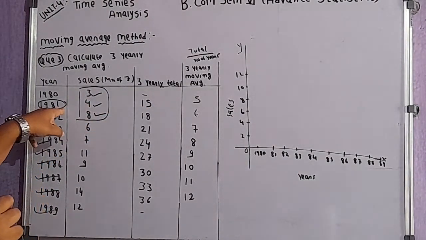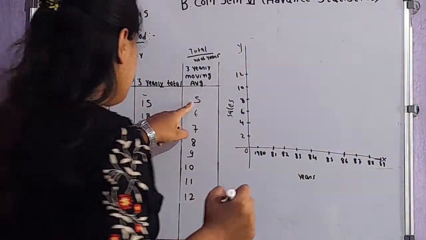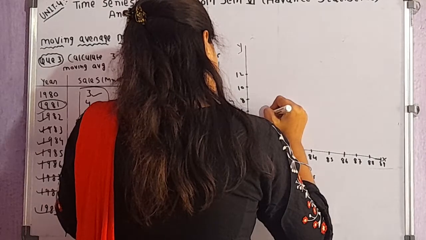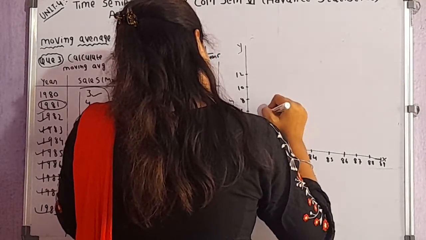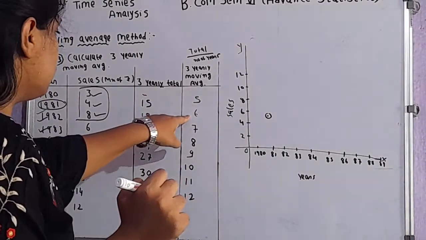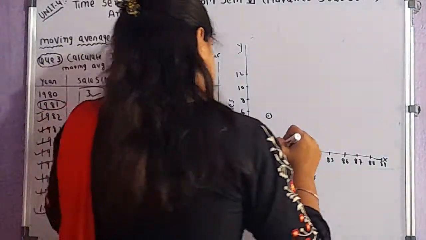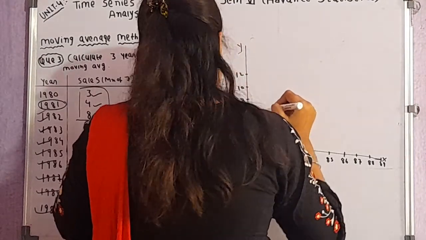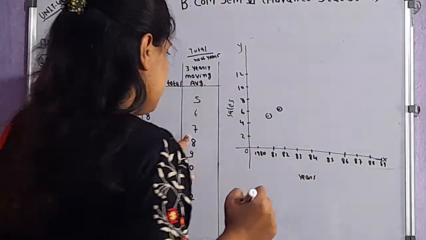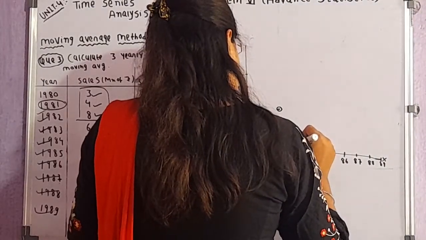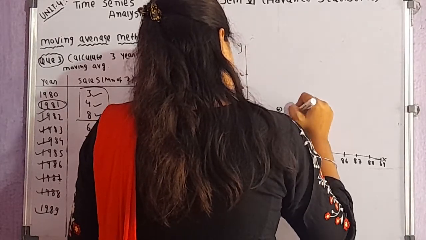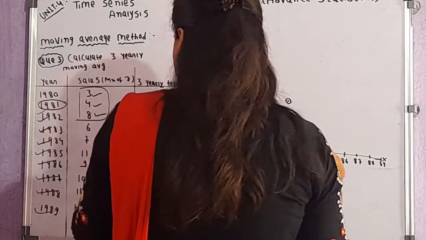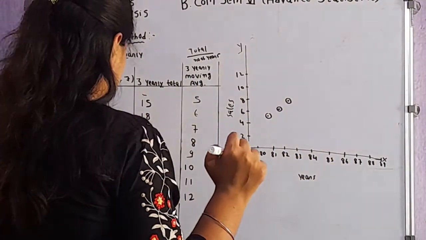Now let's plot the moving averages on the graph. So 1981, it's 5. 1981, 5 is going to be somewhere here between 4 and 6. After that, 1982, 6. So it will be here. After that, 1983, 7. 7 is going to be here somewhere between 6 and 8. 1984, it's 8.